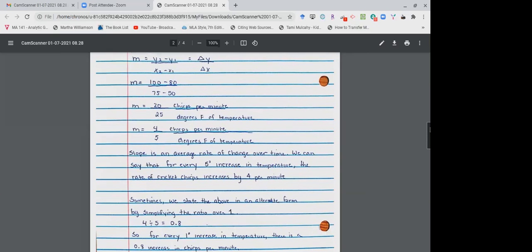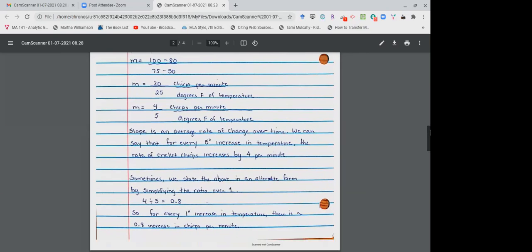Now, this is where the actual interpretation comes in. So remember, y is chirps per minute. So we have 20 chirps per minute for every 25 degrees Fahrenheit of temperature. So this slope is positive. So both variables are moving in the same direction.